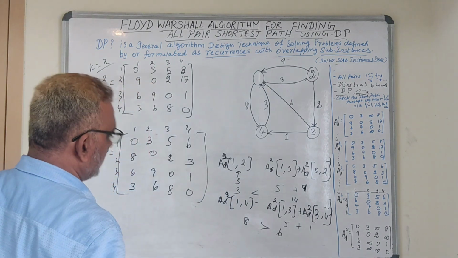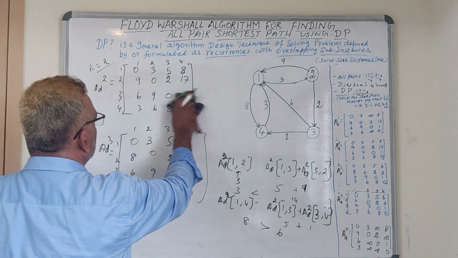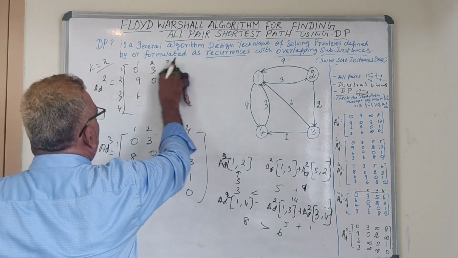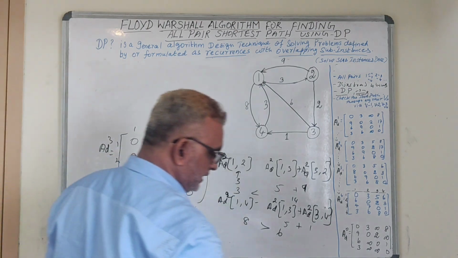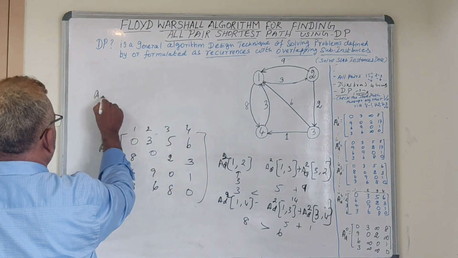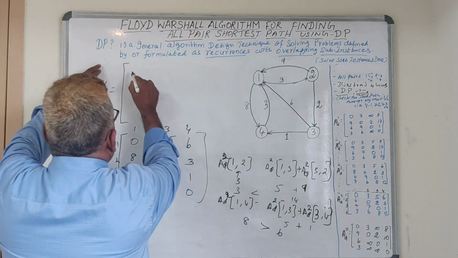So similarly we can get the AD4, the adjacency matrix 4, from this adjacency matrix 3, using the same logic.